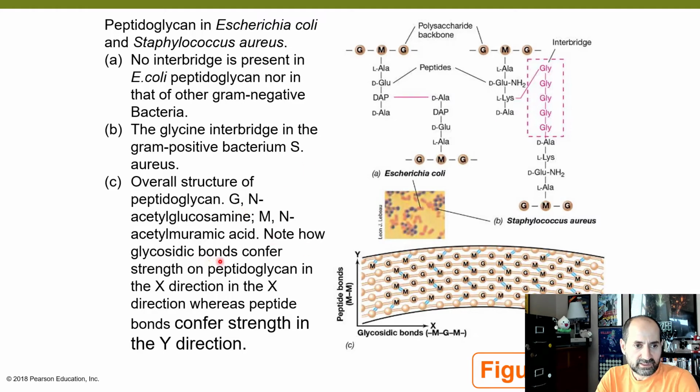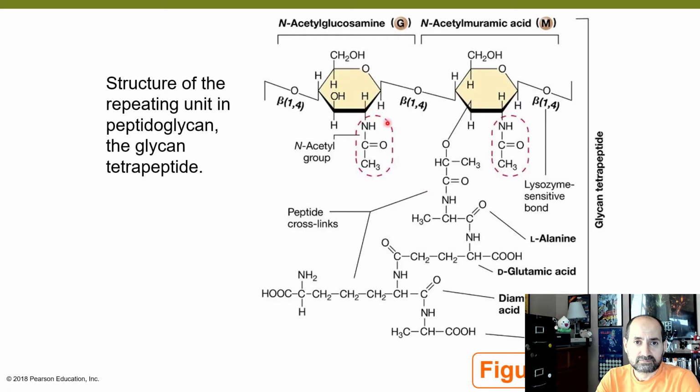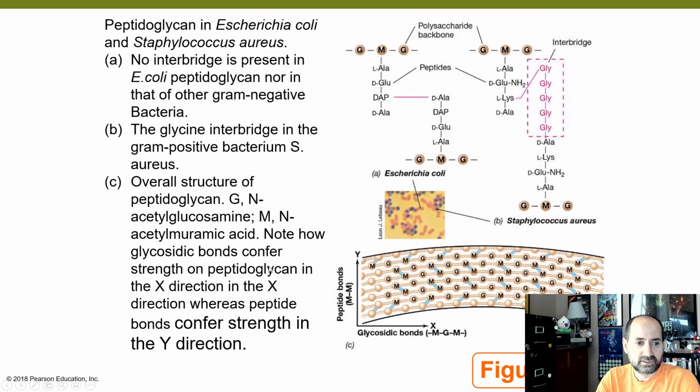So note how the glycosidic bonds confer strength on the peptidoglycan in the X direction. The glycosidic bonds, the beta-1,4 bonds, confer strength on peptidoglycan in the X direction, whereas the peptide bonds, the interbridge or the peptide bond between DAP and D-alanine, for instance, confer strength in the Y direction.